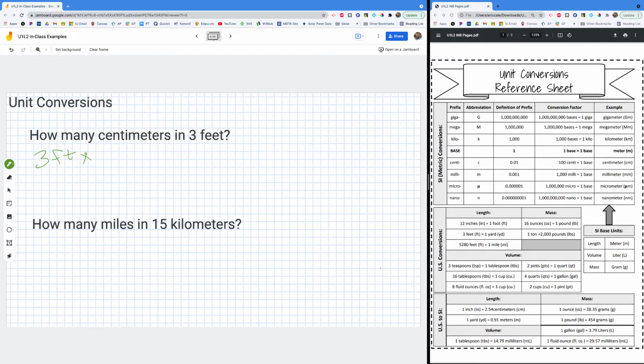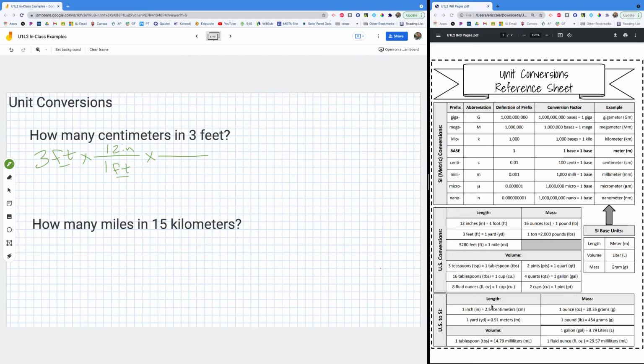We'll do 3 feet. We want to use the inches to centimeters. Can't do anything with inches yet, or centimeters, because I'm in feet. But I do know that there's 1 foot for every 12 inches. So 1 foot on bottom, so the feet cancel out, over 12 inches on top. Now this one's a 2-stepper, so we're going to do another times and another fraction bar.